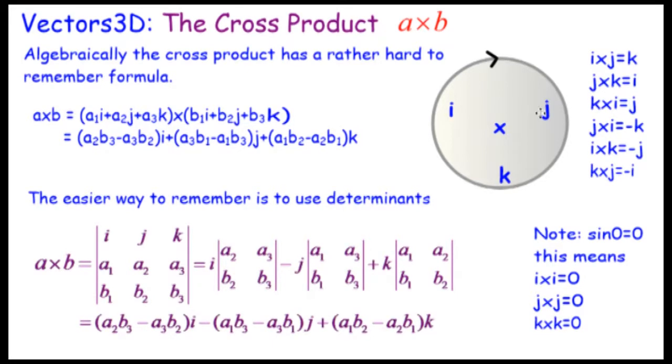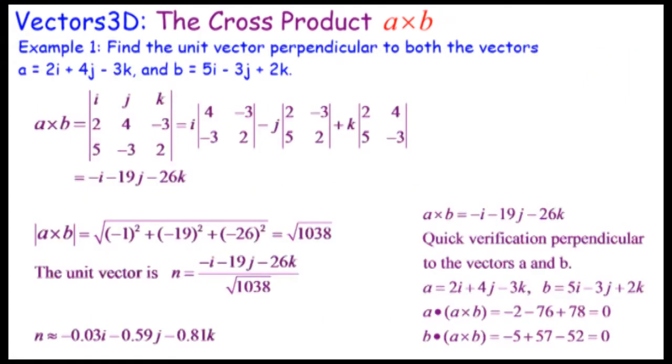You can put them in any order, as long as you go I, J, K or J, K, I, because as you go around the circle clockwise, you get the next one. It'll be negative when you come back this way, like I cross K coming back this way is negative J. Okay, very handy one. Let's have a look at some examples now.